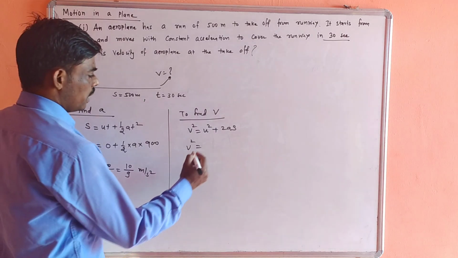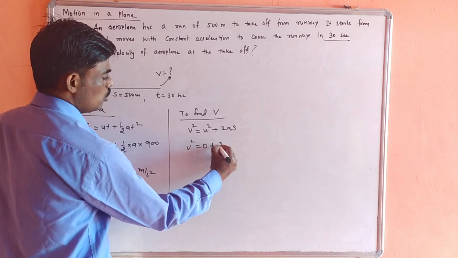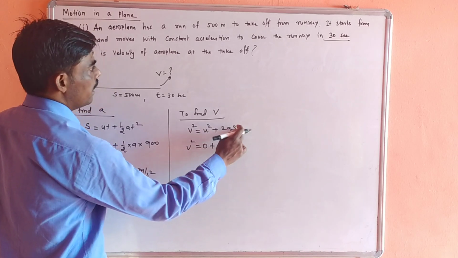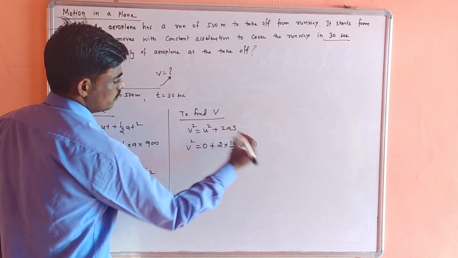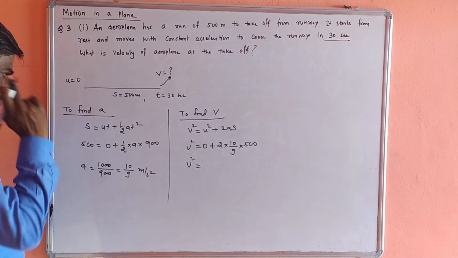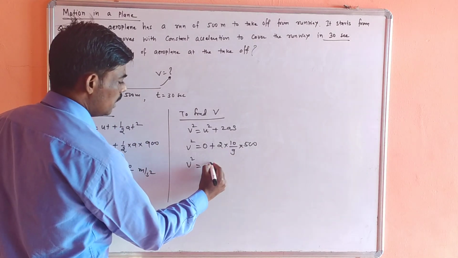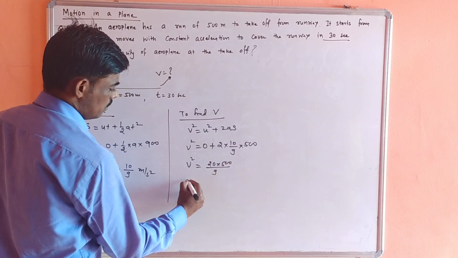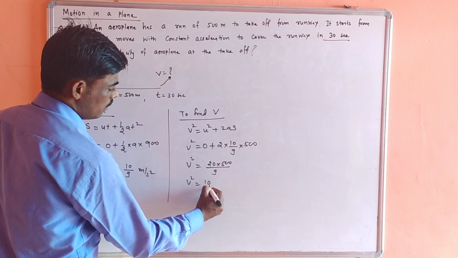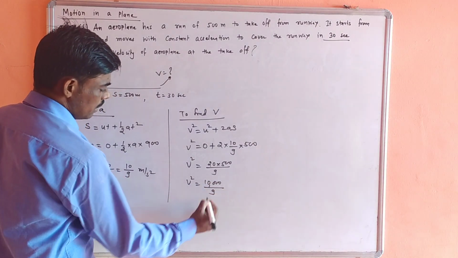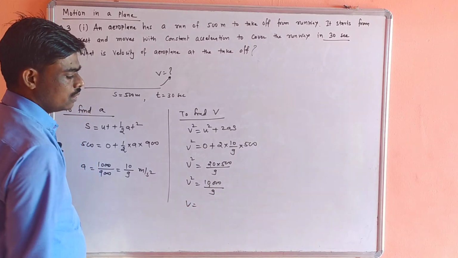Then u square is 0, 2 times acceleration, which is 10 by 9, and s is 500. So v square is equal to 20 into 500 by 9, which is 10,000 divided by 9, then taking the square root.